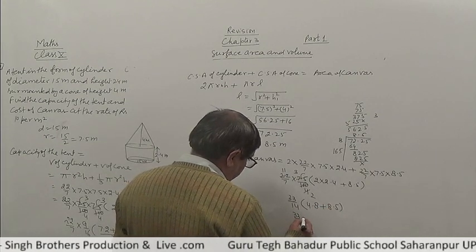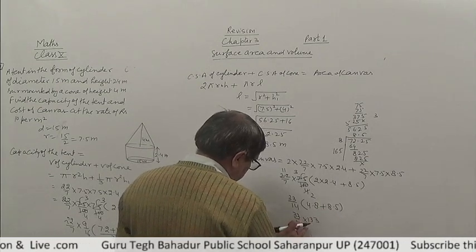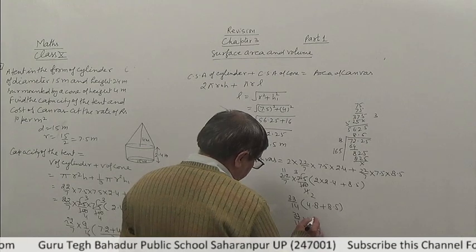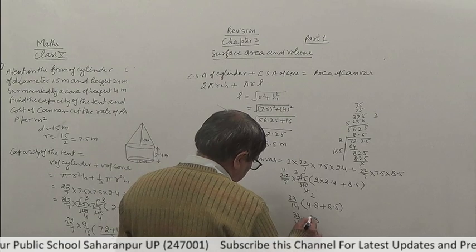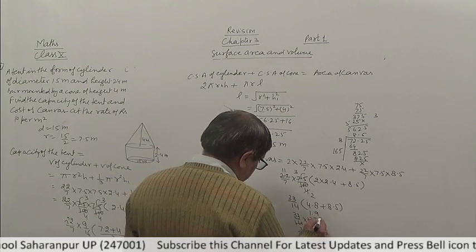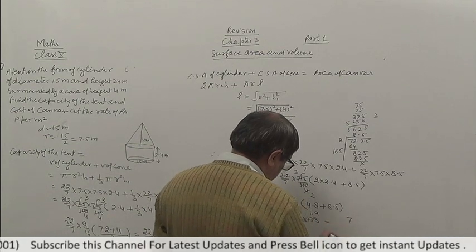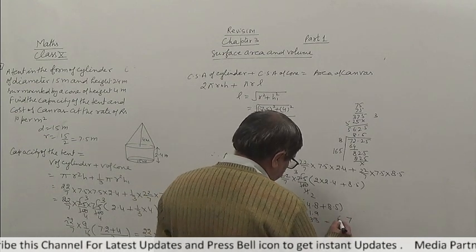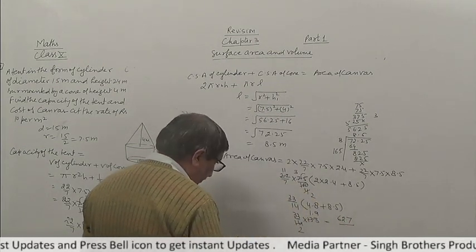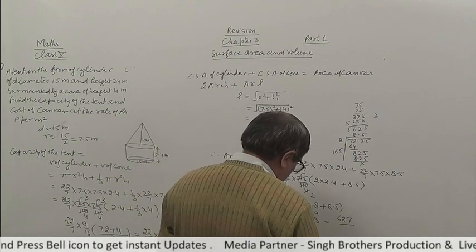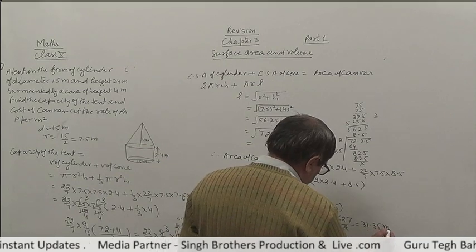33 upon 14 into 13.3. 7 2s, 7 1s, 6 7 9s, 19 3s are 57, 57 and 5, 62.5 upon 2, that is 31.35 meter square.